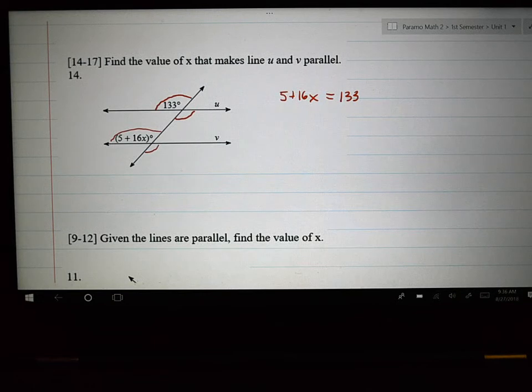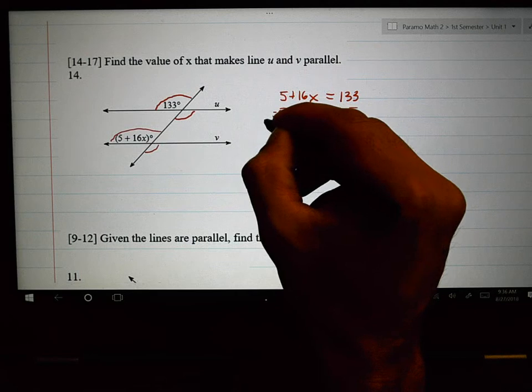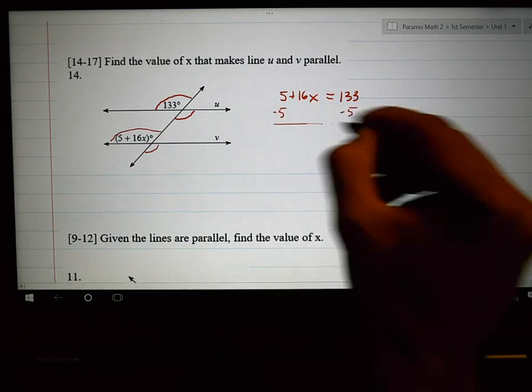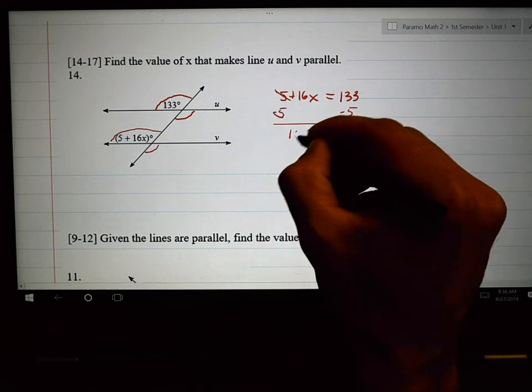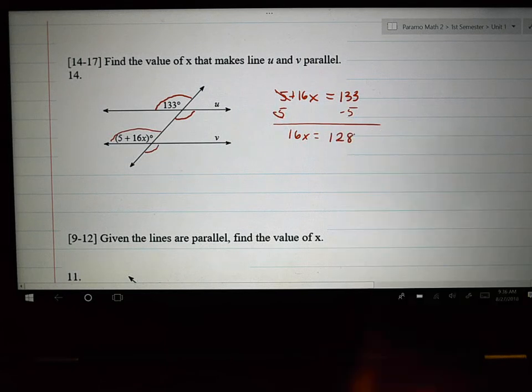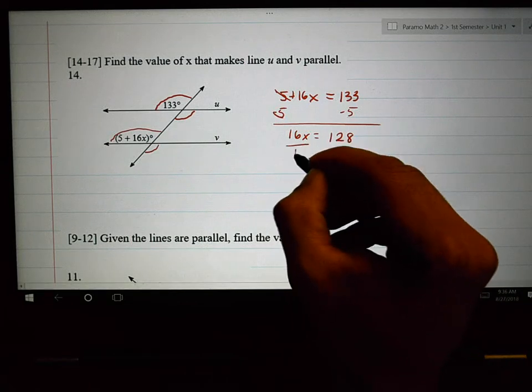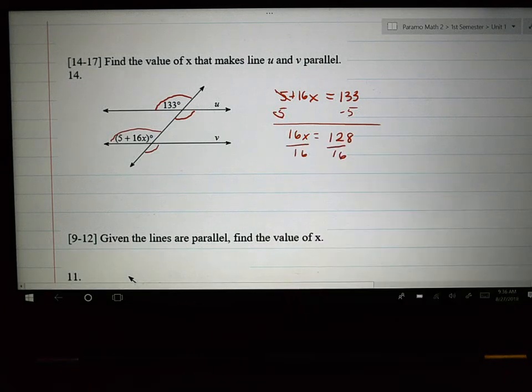Okay, 5 plus 16x, I'm going to subtract 5, just like we did back in worksheet 0. 133 minus 5 is 128. Divide by 16. That's a big number for me. Good thing I have my calculator right here.